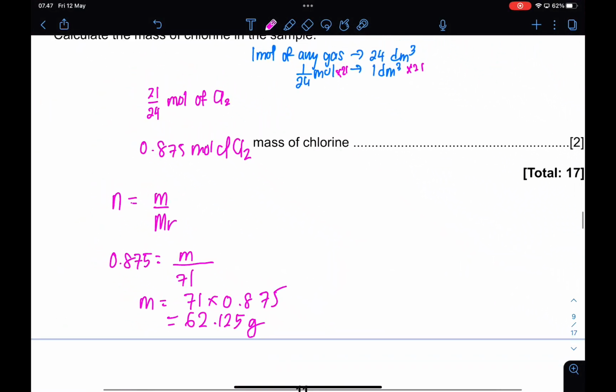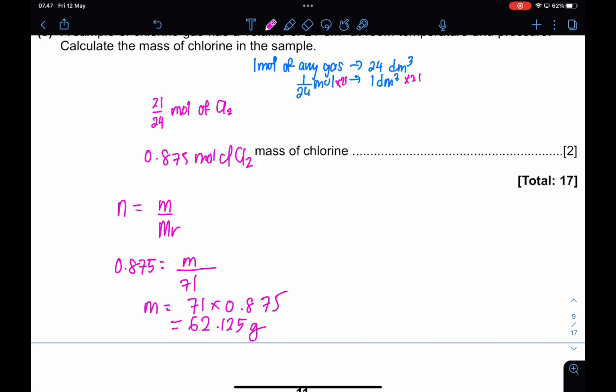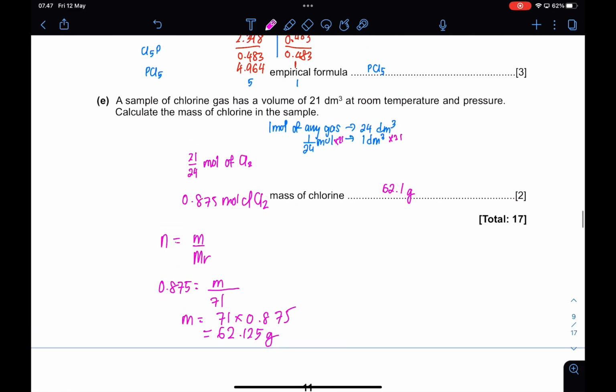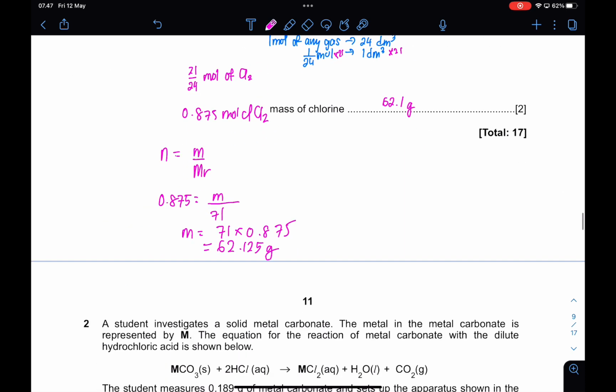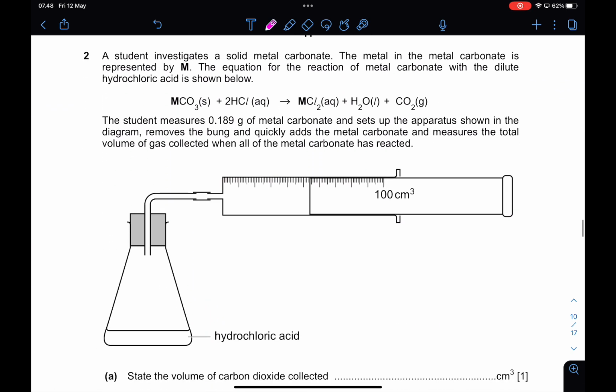So that's going to be gram. Normally I will use 3 significant figures, so you can just give your answer as 62.1 gram. Answer must be in gram.